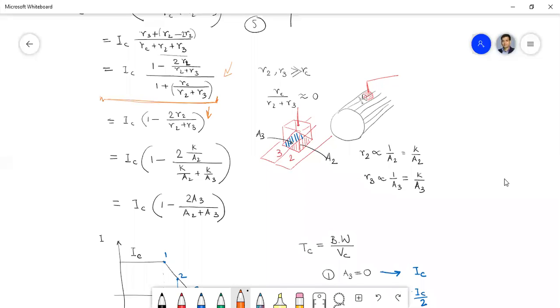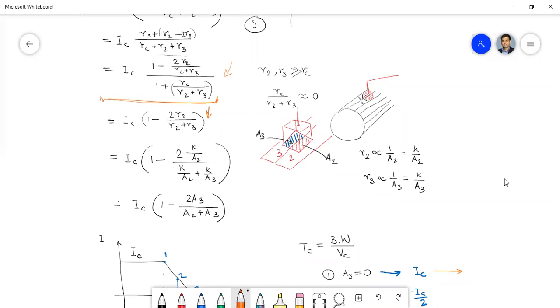Sir, it will remain the same. Why? Can you explain that? I'm asking only for instant one now. When A3 is 0, then IC will be IC, same.